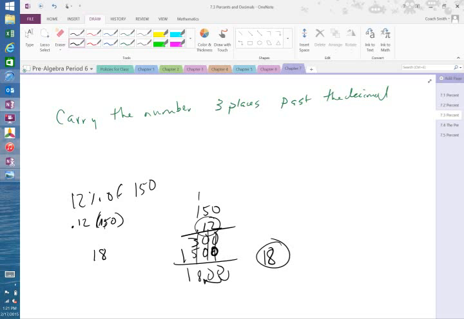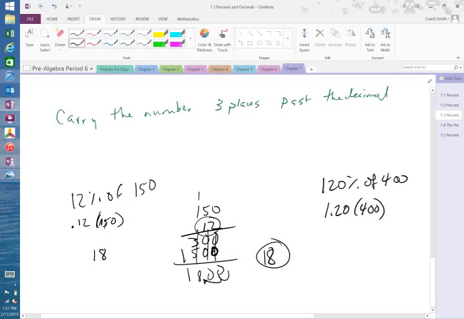So if you had 120% of 400, okay, well that's just 1.20 times 400, which is 1.2 times 400, and that's 480.